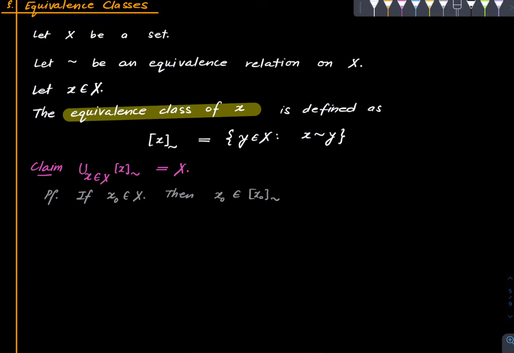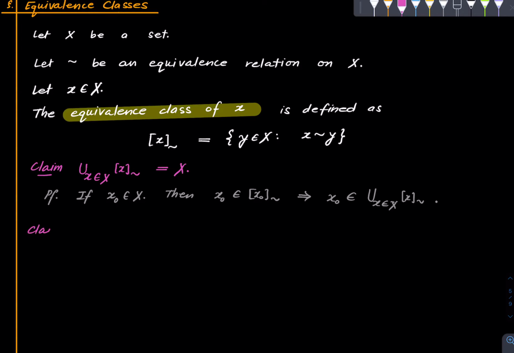Why is that? Because this is a reflexive relation. So little x is related to itself, and hence this belongs to this guy, and we are done. So this claim is proven.